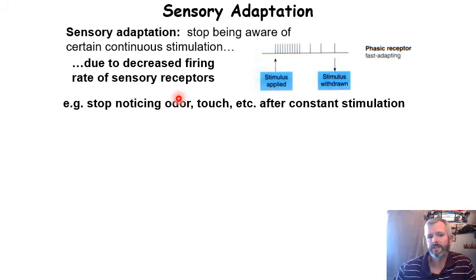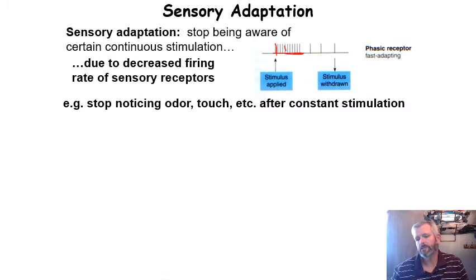If this is that sensory neuron, here are the action potentials elicited by the receptors. When you first get the stimulus, boom, boom, firing, your brain's making notice, hey, I'm getting rapid firing from those pressure receptors on my legs. I'm feeling pressure.